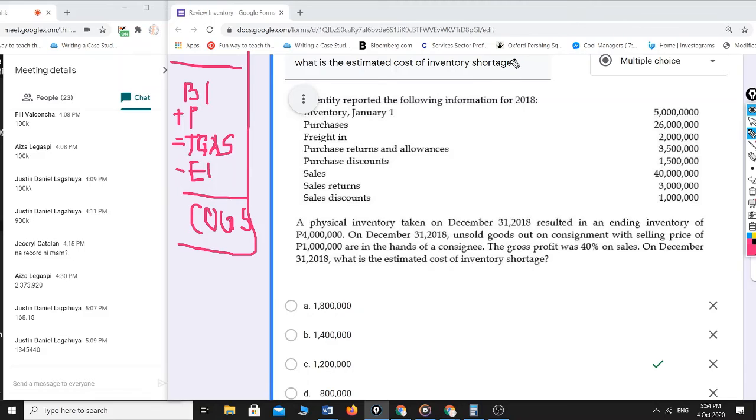But since what we are looking for first is the ending inventory, that's why we will manipulate this equation. So for us to come up with the ending inventory, our formula is TIGAS minus COGS.